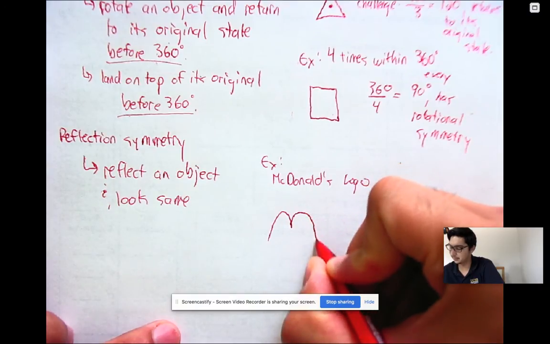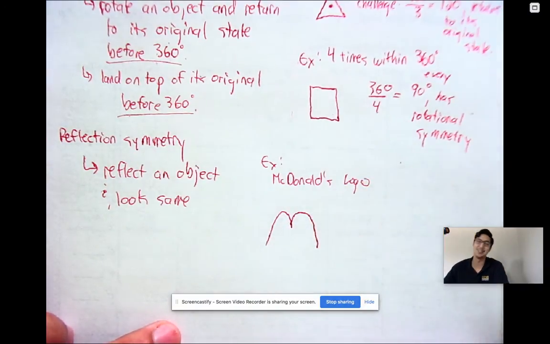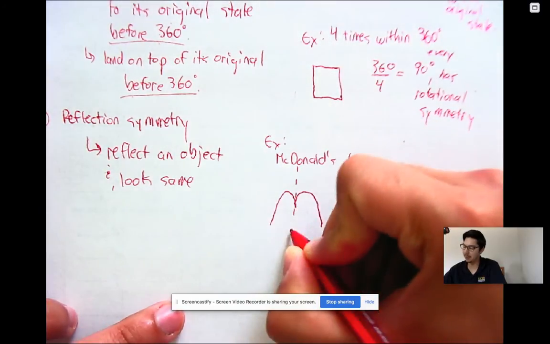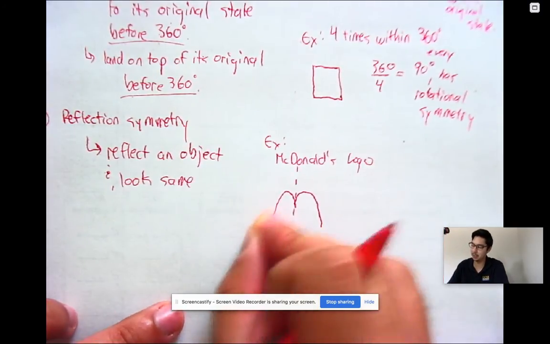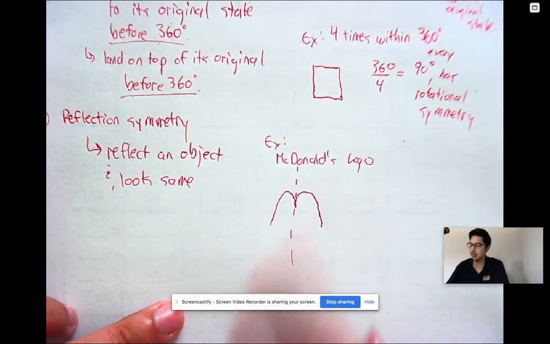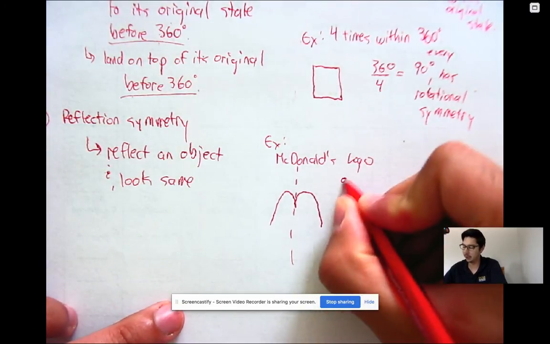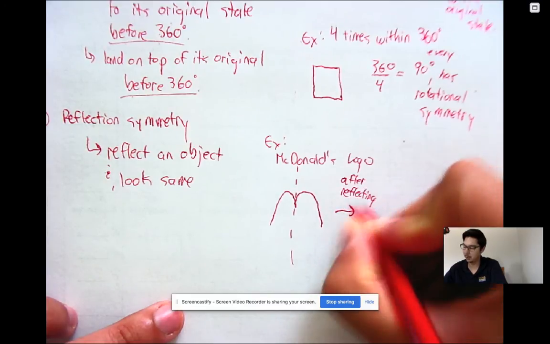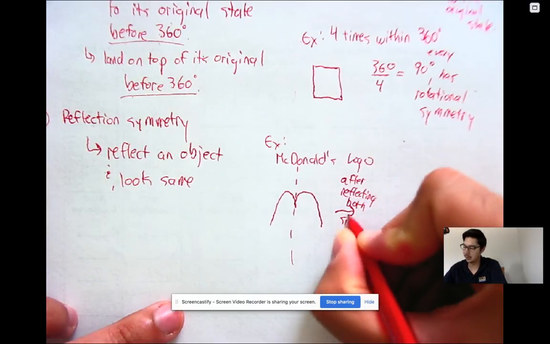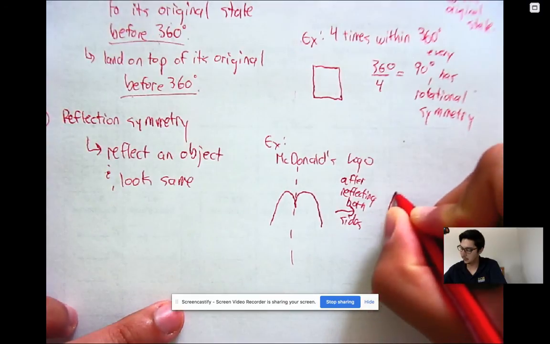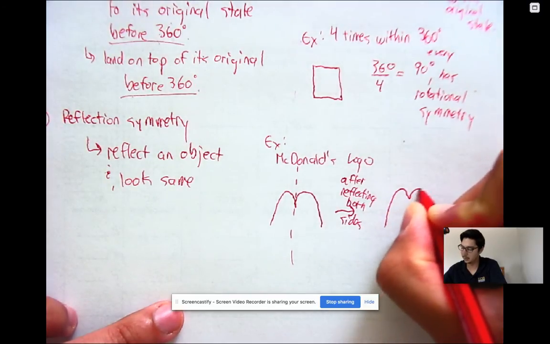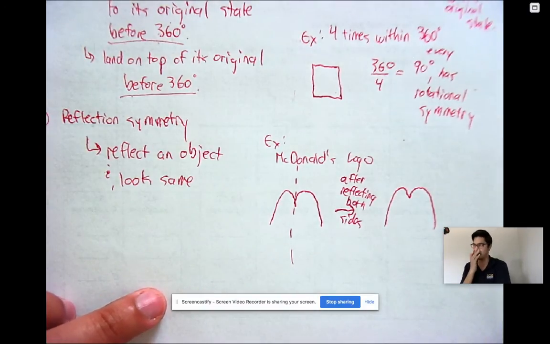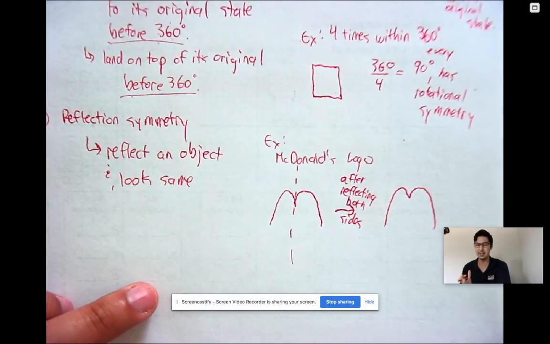It's not perfect, it's like the M. It's an awful example. But if I was to do a line of reflection down the middle of an M and reflect both of these sides over, it would still look the same. After reflecting both sides, it would still look like the McDonald's logo. So a McDonald's logo has reflection symmetry, and a lot of examples do.